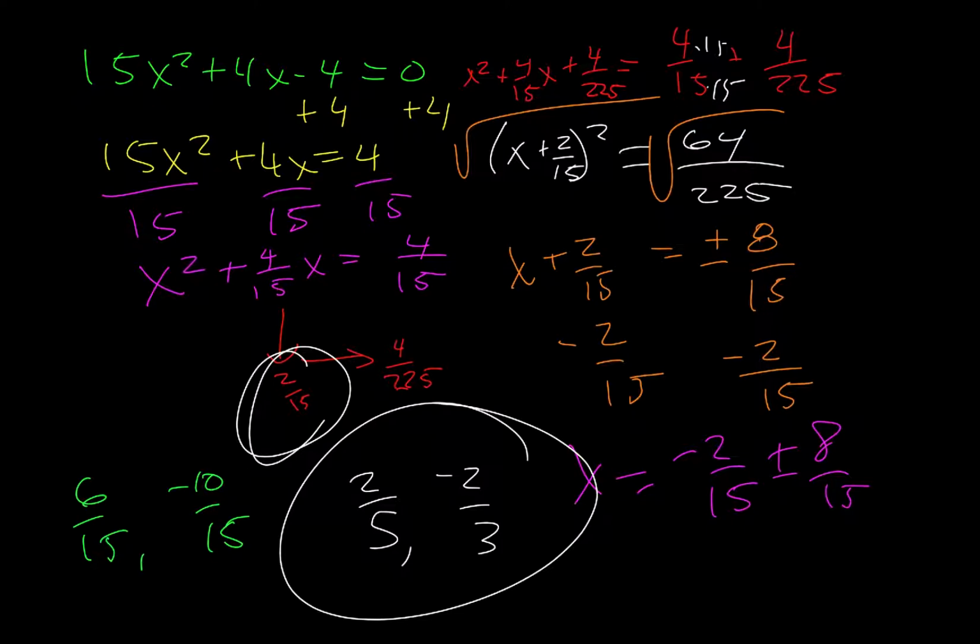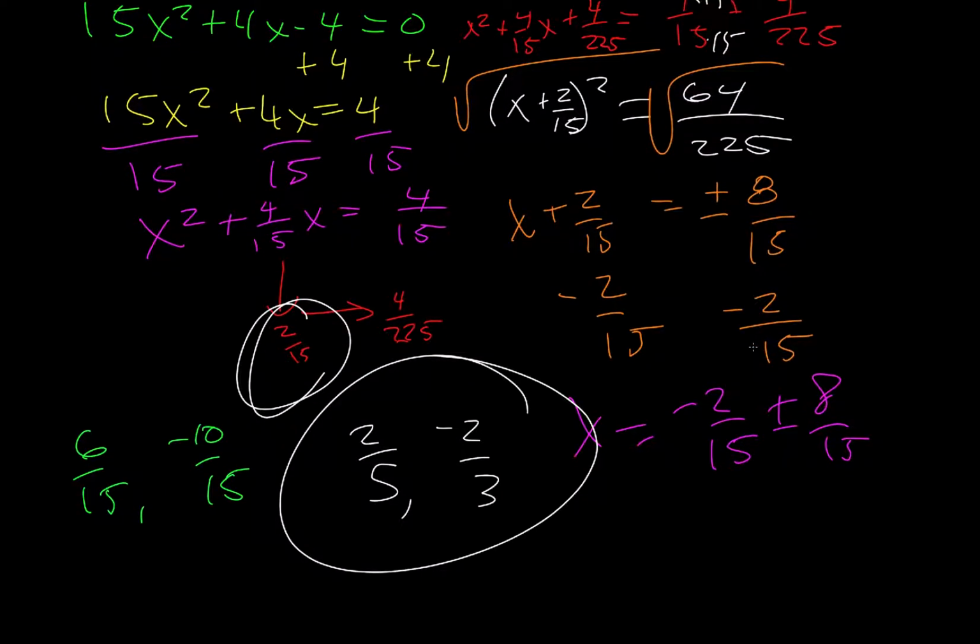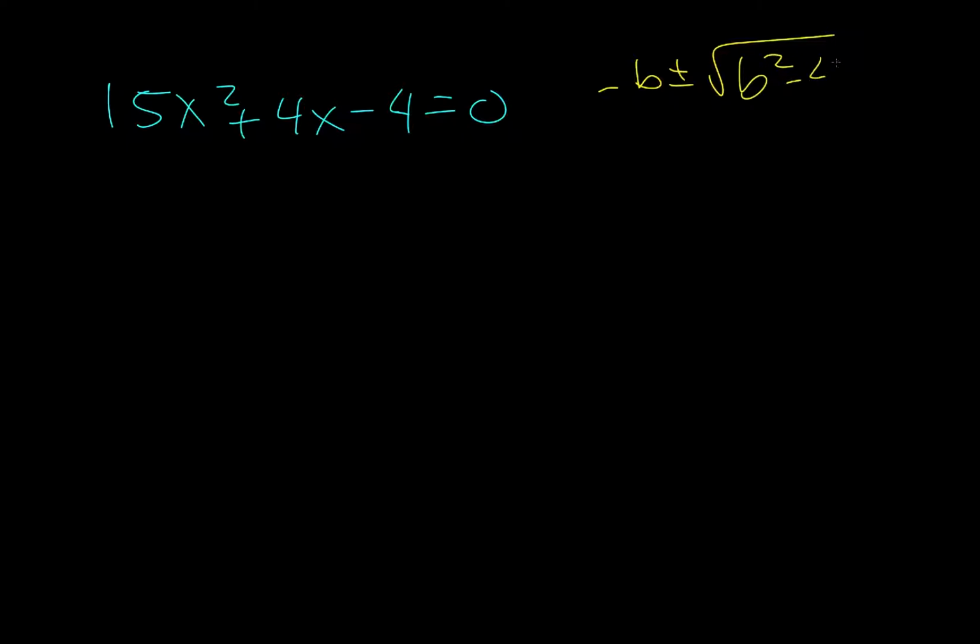Now, I'm going to do the same problem, but with the quadratic formula, because that is the final method that we're going to use. So 15x squared plus 4x minus 4 equals 0. Okay. So we have negative b plus or minus square root b squared minus 4ac all over 2a.